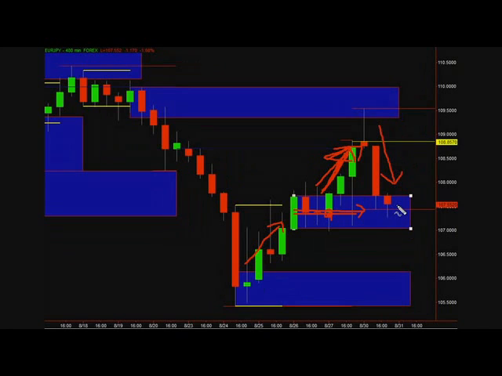It will either react, most likely back up to this next area of interest, this is where the move down started, back into this newly established area of interest, or price will continue through it back down to this previously established area of interest. And the distance between those two locations is essentially what you're aiming to trade for.